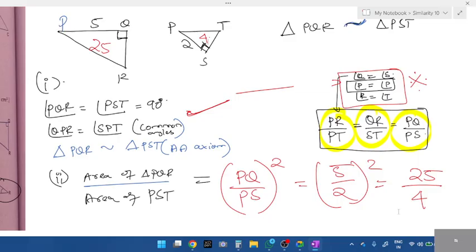Okay, right, area. Any one side is enough, students. Out of those three yellow ones, any one side is enough to find the area.